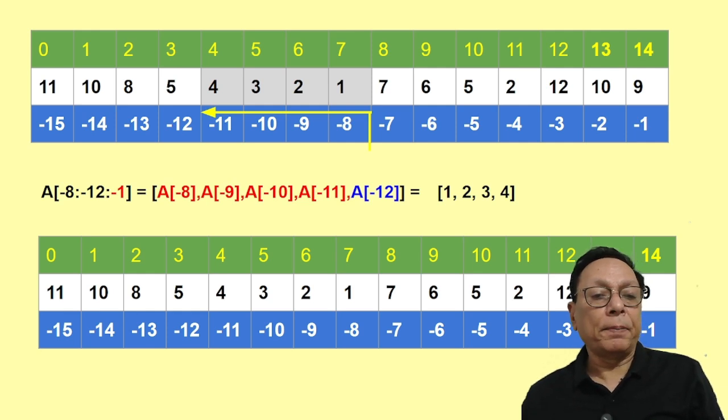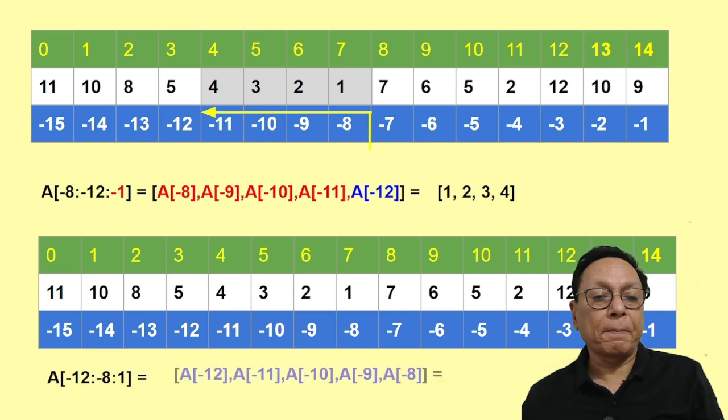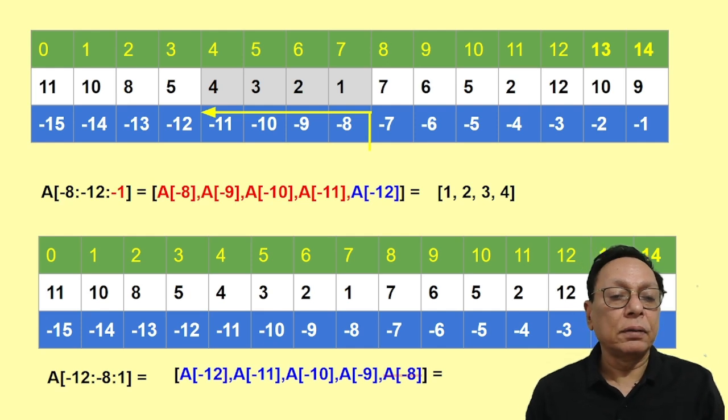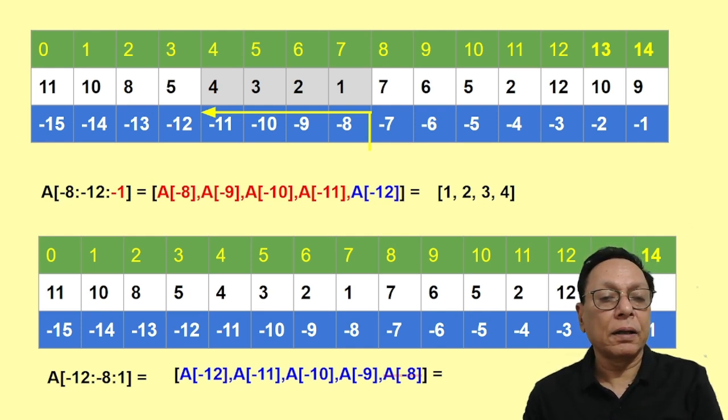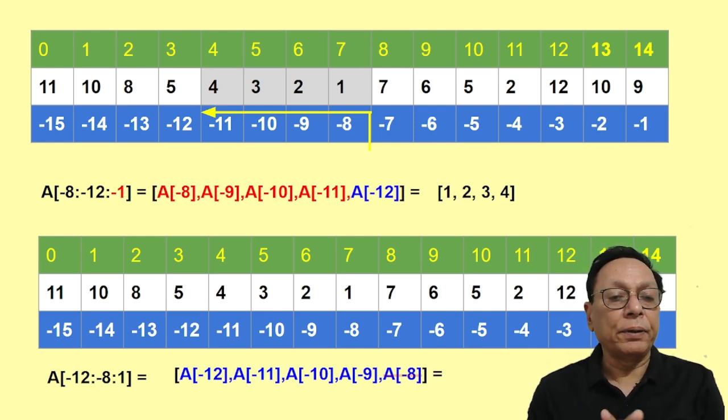Next example, slice is minus 12 to minus 8, and you are moving left to right. We are moving left to right because this step is positive.